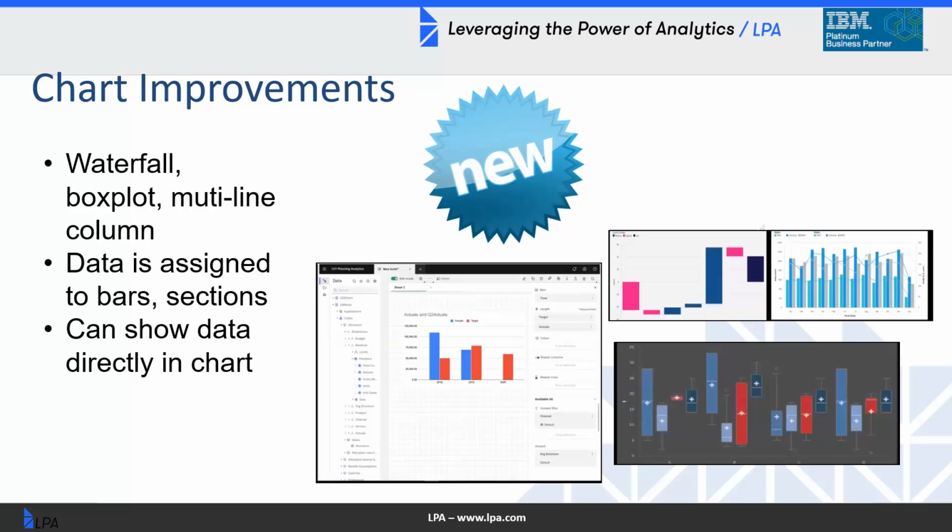We also have some new chart types. A bunch of my customers have been asking for years for a waterfall chart. Well, there is now one available, as well as box plot, multi-line, and multi-line column. Data is now assigned to bars and sections, and you can show data directly on the chart as well.